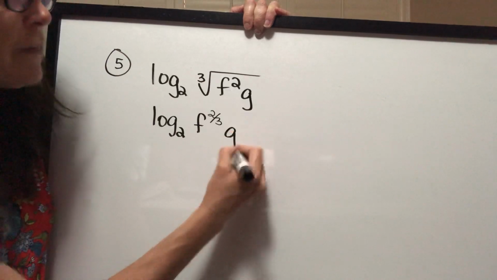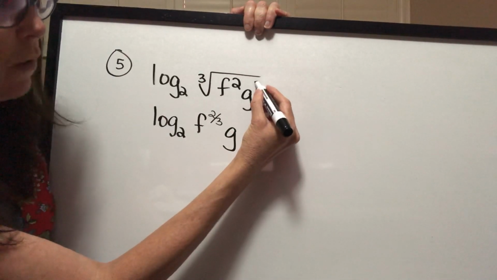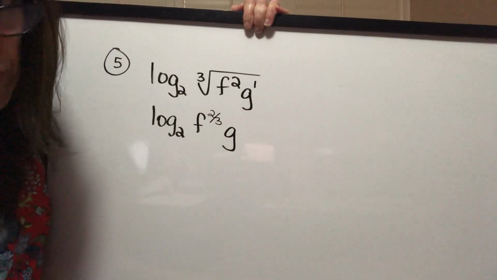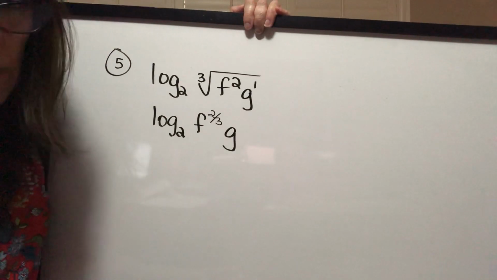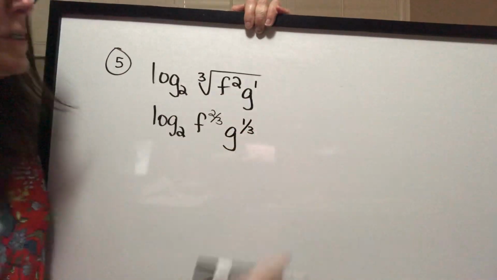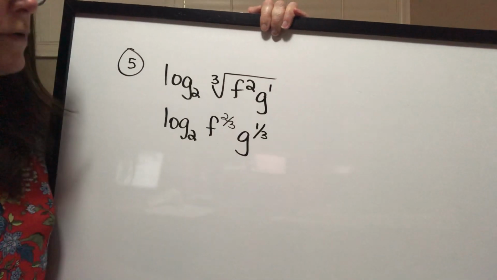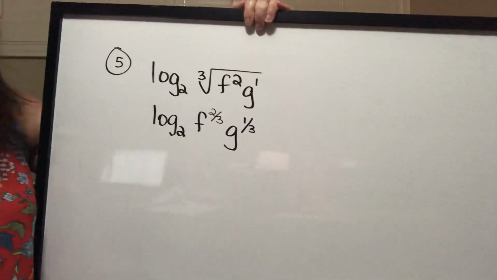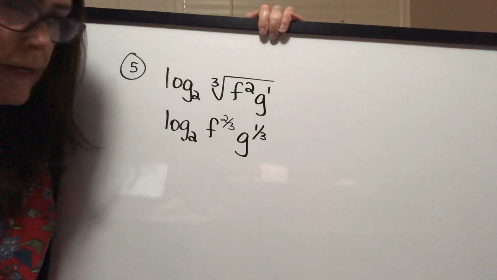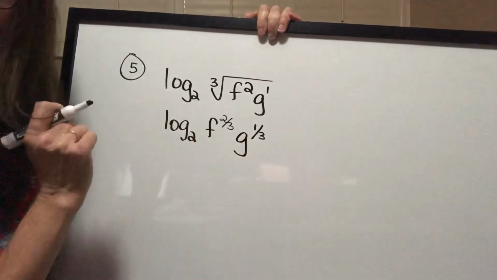Now g is separate from that, and you don't see an exponent for g, so that means it would be a 1. You just don't ever write g to the first power, but it's assumed to be 1. So 1 would be the numerator, and the cube root 3 would be the denominator. So it would be f to the 2/3 and g to the 1/3. We haven't expanded that yet. All I've done so far is change the cube root into fractions.